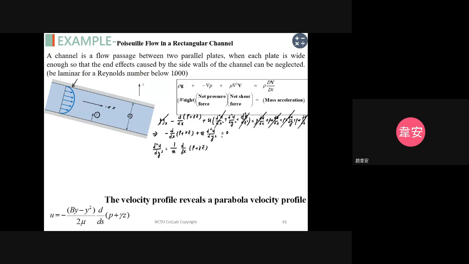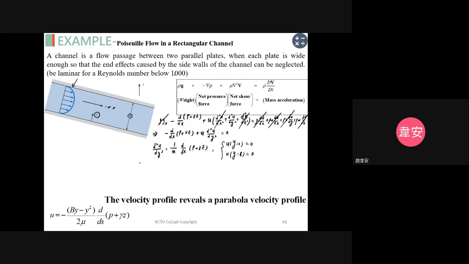Okay, so for this problem, we have two boundary conditions. We know that at y equal to 0, the velocity is 0, and also at y equal to the channel thickness, the velocity is also 0. So these are our two boundary conditions.